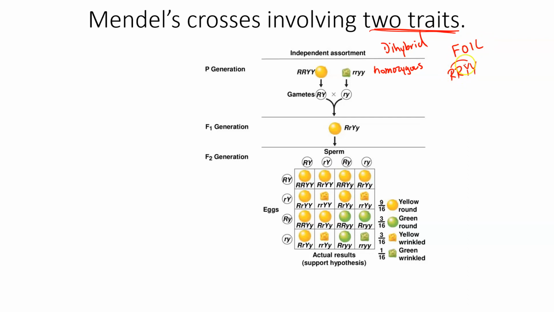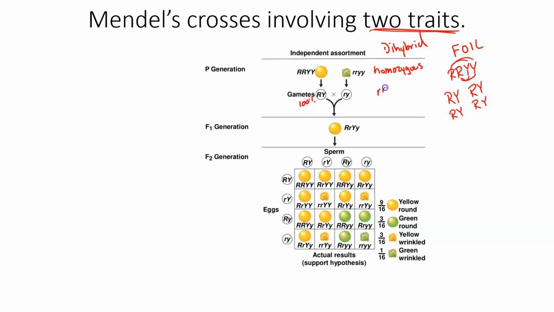So in this case, the big R and the big Y. That would be our first gamete. Outside would be the 2 outside, so that would be big R, big Y in this case. Inside for I, big R, big Y, and then last would be big R, big Y. So this particular individual will produce 100% big R, big Y gametes, which is why this is the only option shown. So this will be 100%.